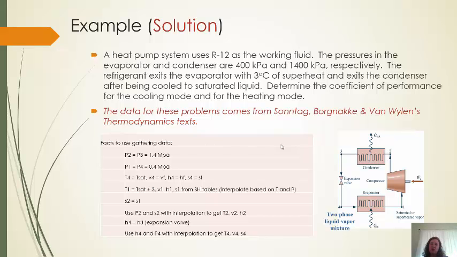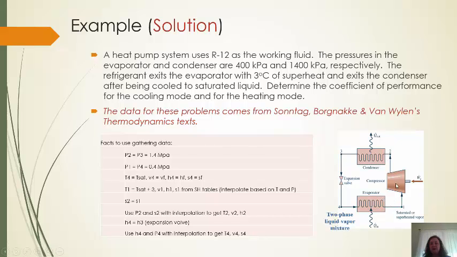So the facts that I used to put this together, okay, so using this diagram here, P2 and P3 are going to be the same. This is the condenser, and so that's going to be the 1.4 megapascals or 1400 kilopascals. P1 and P4, these pressures are the same across the evaporator. That's 400 kilopascals or 0.4 megapascals.